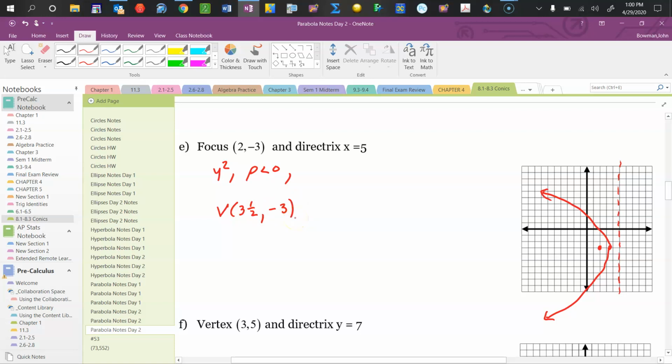So the distance from the focus to the vertex is 1 1/2, and p is negative, so p is equal to negative 1 1/2. And our equation is going to be the following. Y plus 3 quantity squared is equal to 4 times negative 1 1/2. Well, 4 times negative 1 1/2 is negative 6. And we've got an x minus 3 1/2 in there.